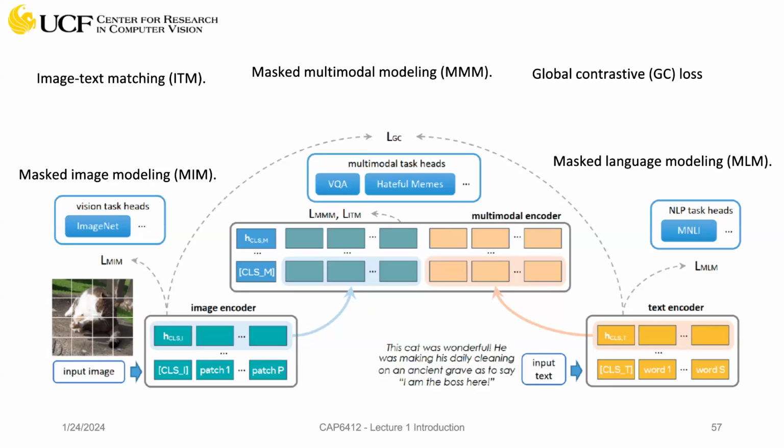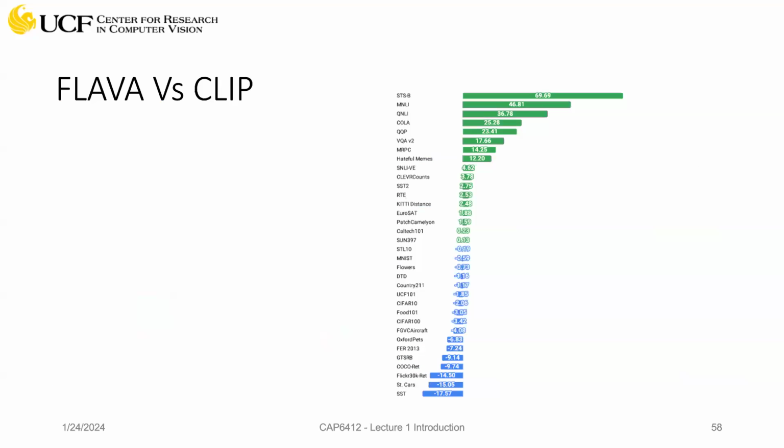So all these losses are used to train this, and then it works pretty well. So now FLAVA versus CLIP. The green one is FLAVA, which is doing better on many of the tasks. Of course, it doesn't do better on all the tasks. On the left side, the blue one, CLIP is doing better. So that's why it's minus. So that's your FLAVA.